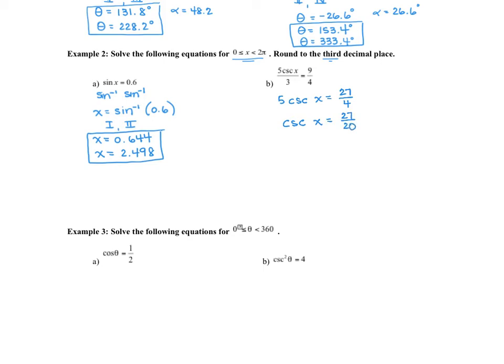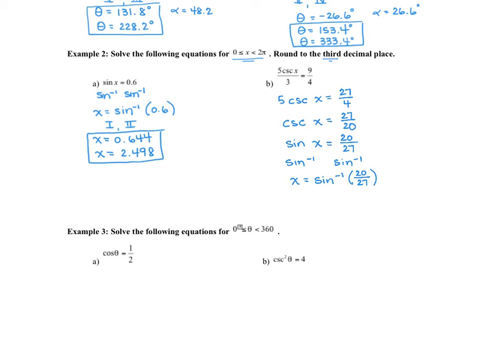I know that the reciprocal function of cosecant is sine, so the sine of x is equal to 20 over 27. And if I take the inverse sine of both sides, then I'll have something that I can plug into my calculator, right? So x is equal to the inverse sine of 20 over 27.